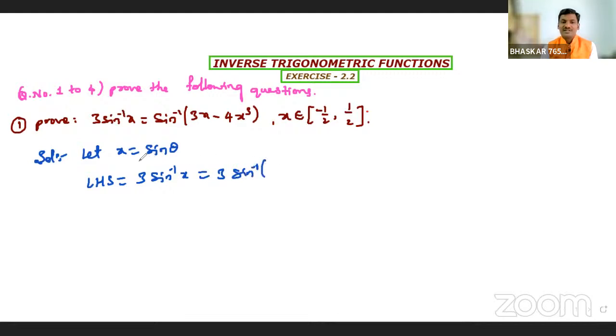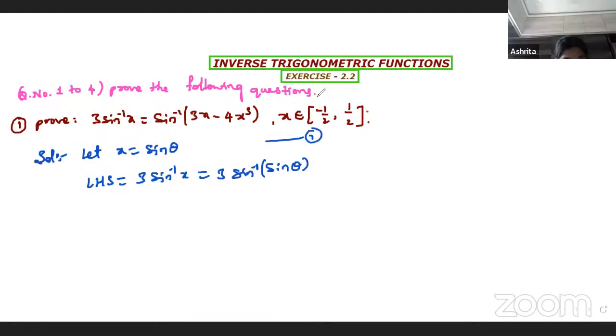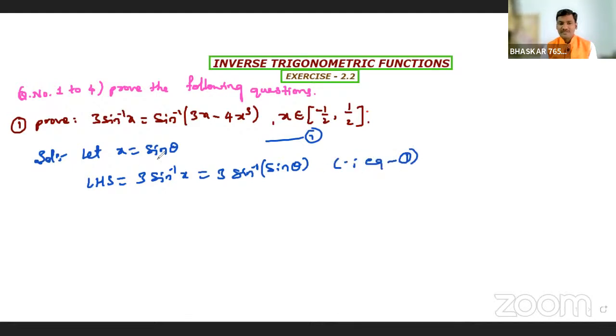We considered x as sine theta, so we can replace it here. Sine inverse gets cancelled, so we get 3 theta. We substituted x with sine theta from equation 1, so we get 3 theta.